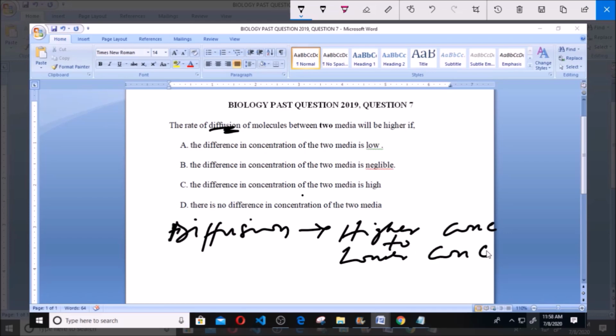Now, from the definition alone, you agree with me that the higher the difference in concentration, the higher the rate of diffusion, because from the definition it says it's the movement of gases, ions from higher to lower. So now the correct answer in this option will be C, which says that the difference in concentration of the two media is high.